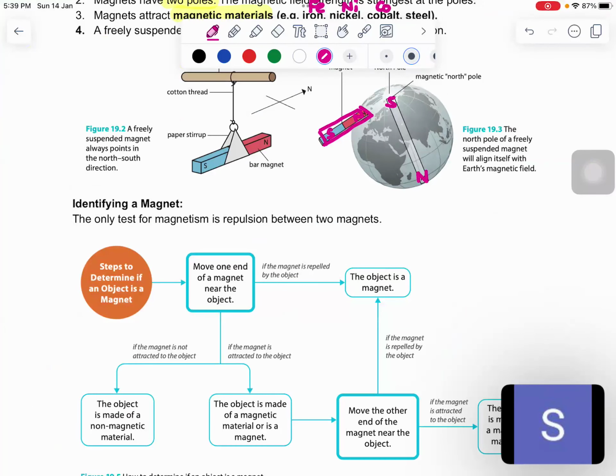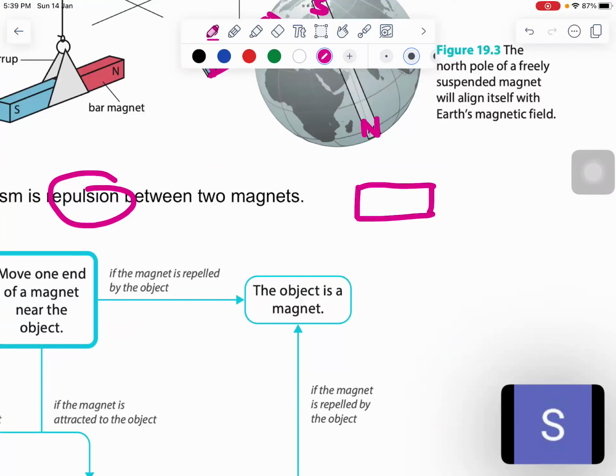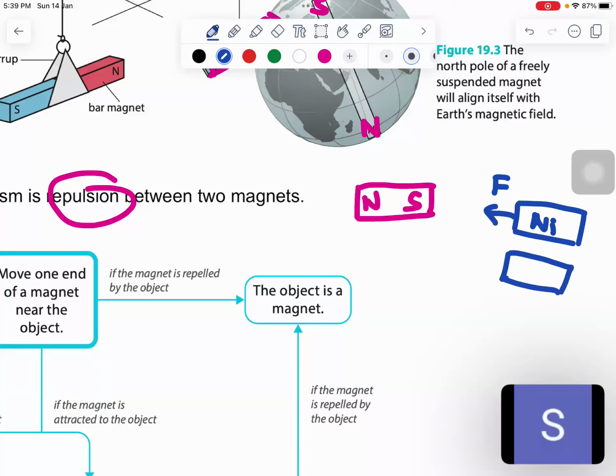Next, how to identify a magnet? Okay, the only test is for repulsion. Because a magnet can attract a magnetic material, okay, such as nickel. Even if I reverse the direction of the nickel bar, it will still get attracted towards the magnet.